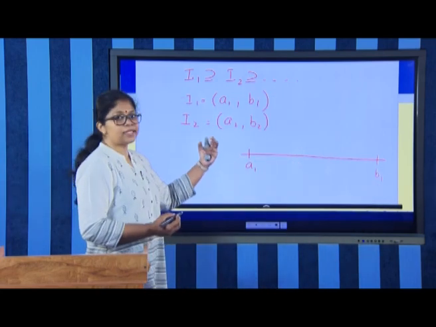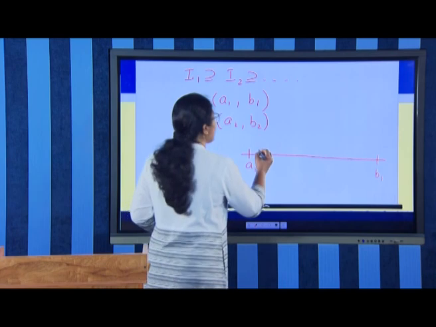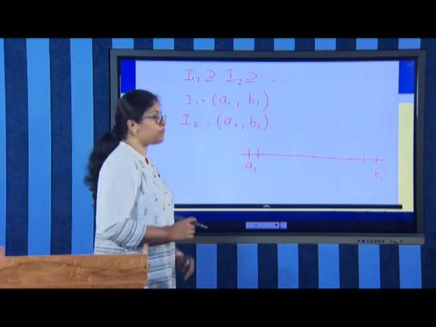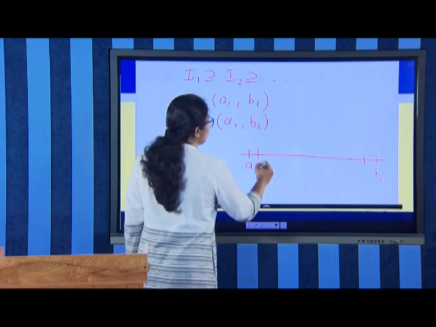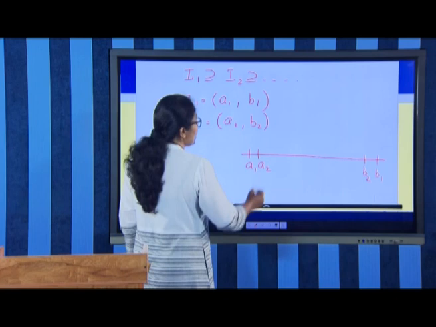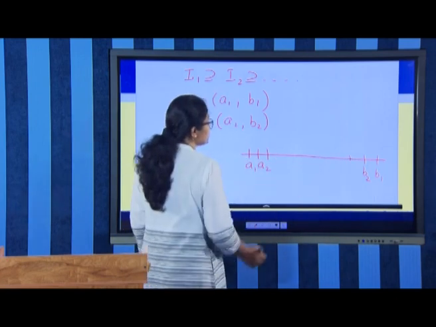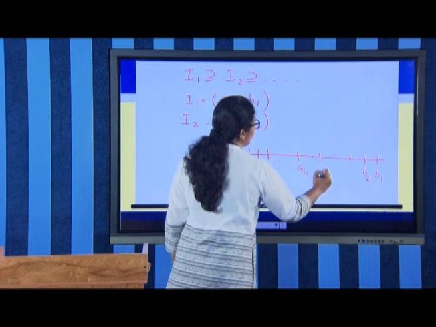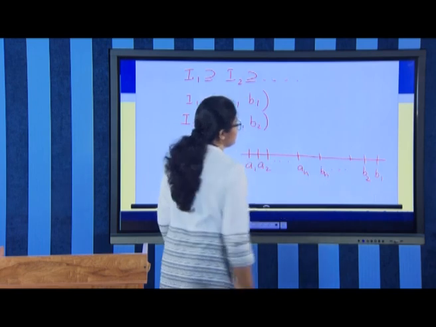It contains I_2 means the endpoints of I_2 should be inside the interval (a_1, b_1). So we have a_2 and b_2 like this, a_3 and b_3 follow, and so on. We have our a_n, b_n something like this.